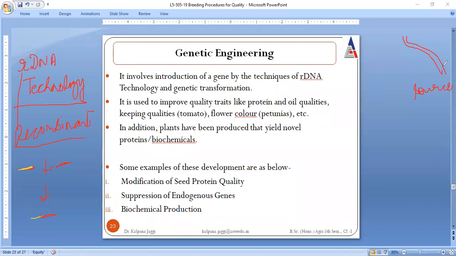This is genomic content isolated from a particular variety that represents the source for a good quality trait. On the other hand, we have a vector that has an undesired gene.